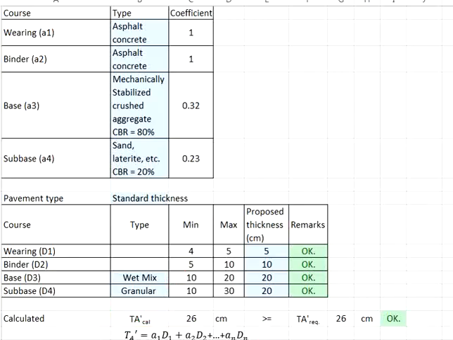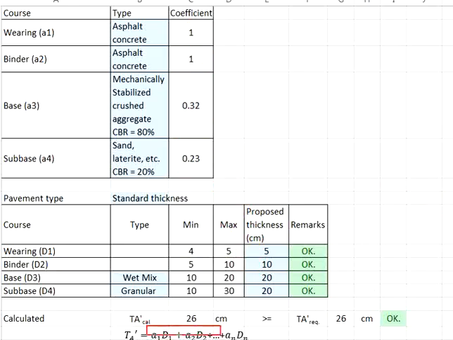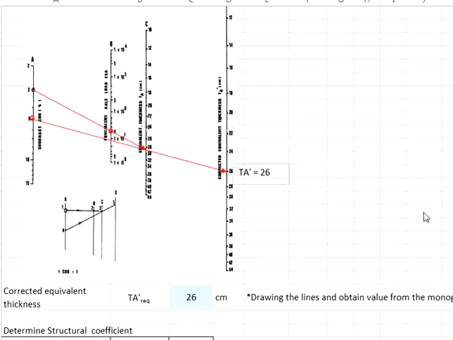This is calculated by multiplying the coefficients with the proposed thickness, plus coefficients multiplied by proposed thickness, plus coefficients multiplied by proposed thickness, and coefficients multiplied with proposed thickness. The summation of all should be greater than 26, which is the TA prime required. The 26 TA was determined from the monograph.